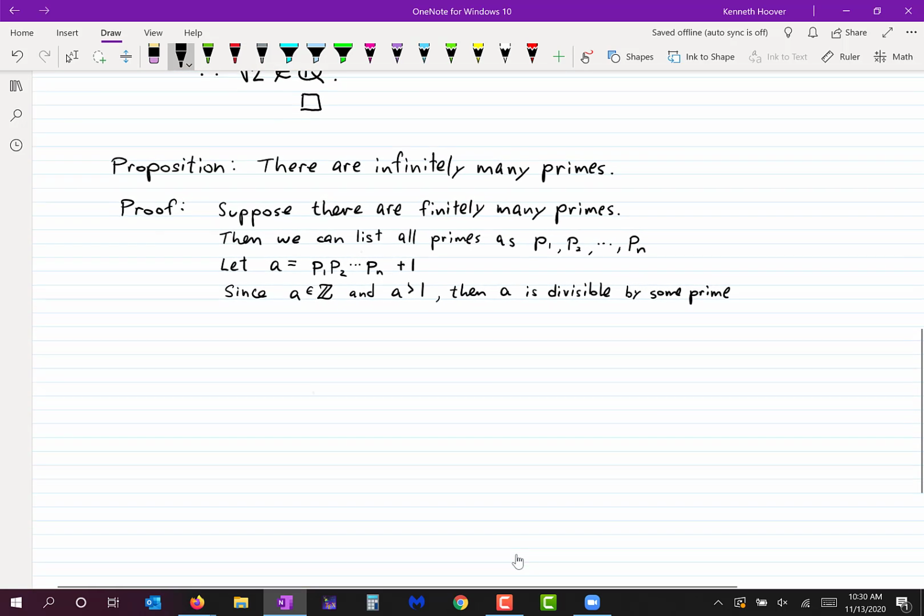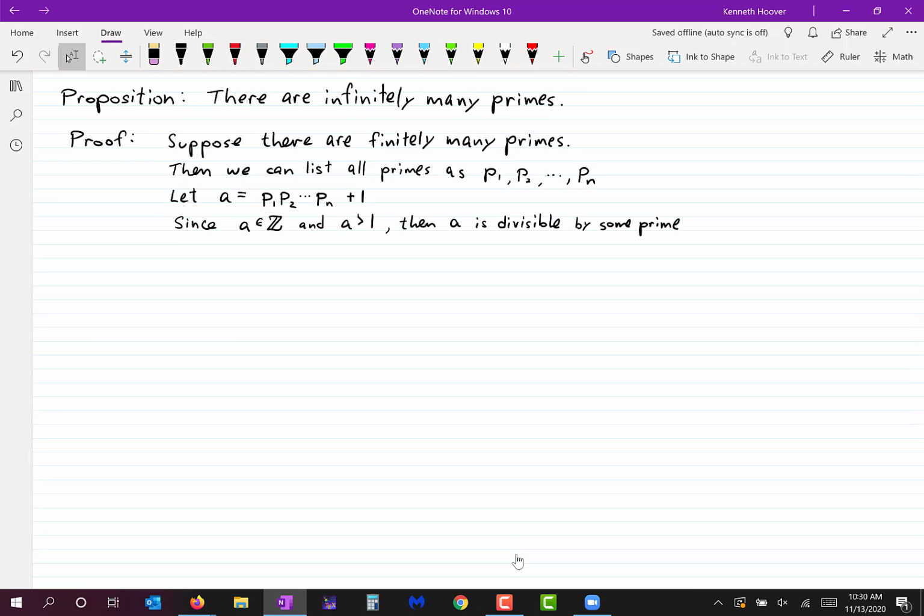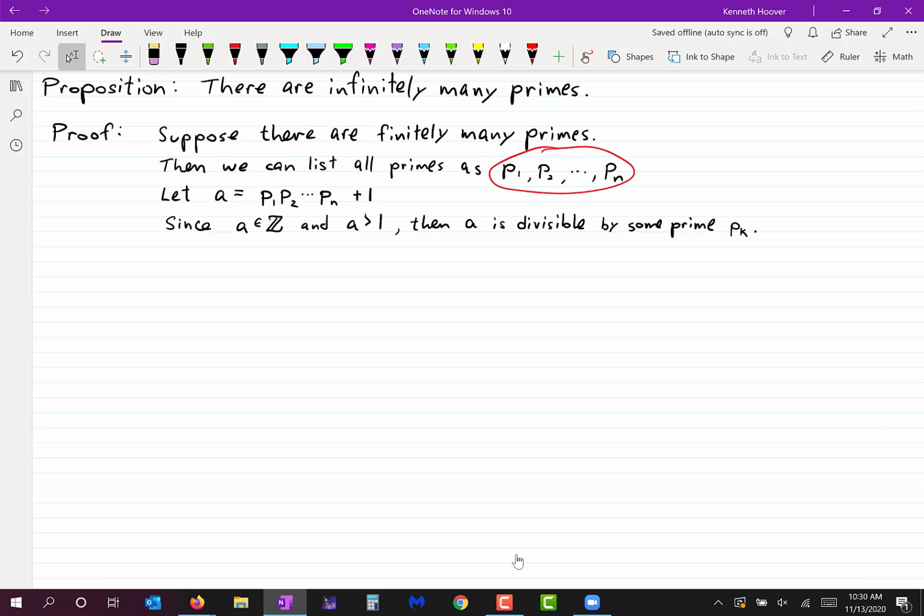Let's call that P sub k. P sub k has to be somewhere in this list because that's the list of all the prime numbers, right? Okay, so because A is divisible by P sub k, that means that A equals P sub k times some integer, let's just call it b.